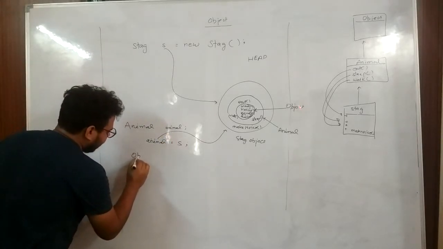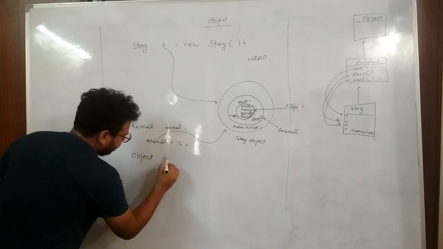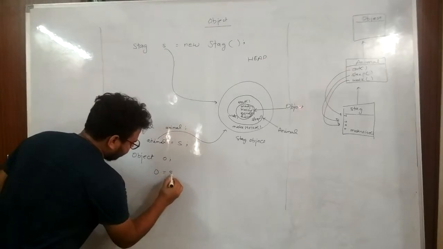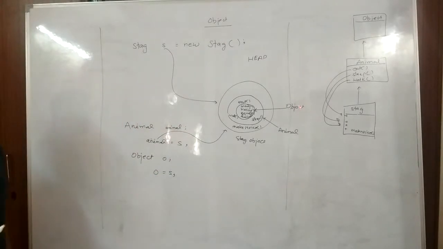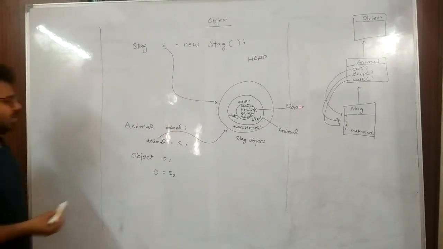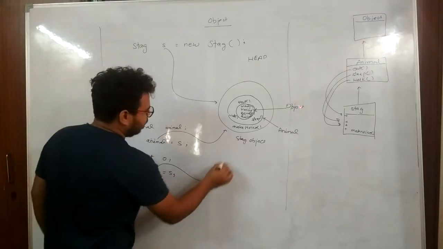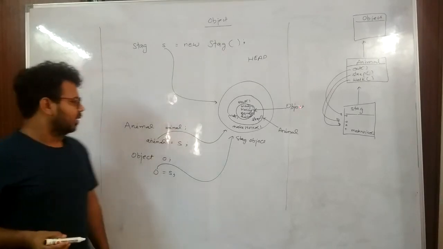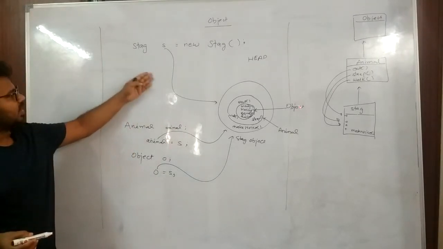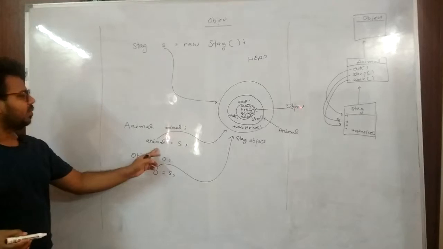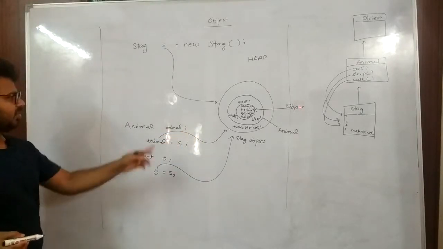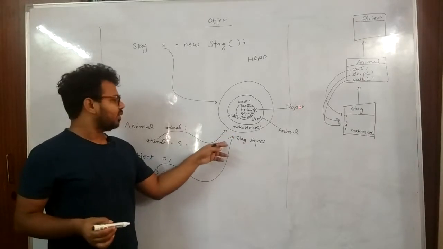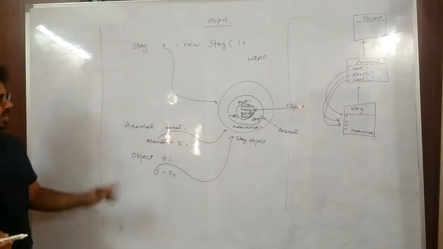And also suppose I have a reference for object and I do the same, O is equal to S. Then what will happen at this line? This O will also point to the stack object. So we can say that S is pointing to the same object, animal is pointing to the same stack object, and this O is also referencing the same object in the heap.